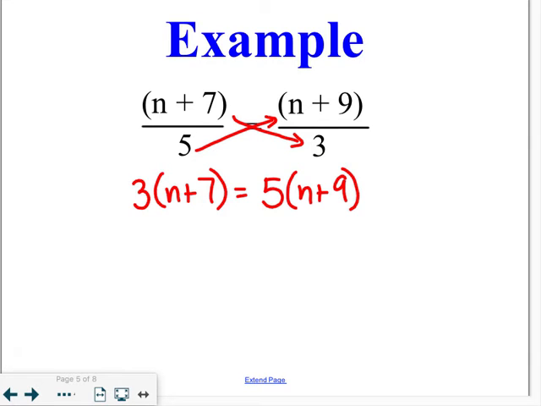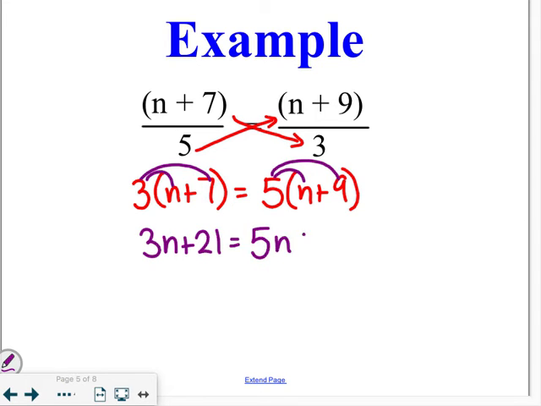When you're looking at something like this, where you have a number on the outside and a group of parentheses on the inside, you're going to need to use that distributive property on both sides of the equation. So I have 3n plus 21 is equal to 5n plus 45.